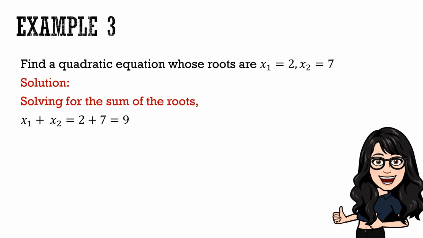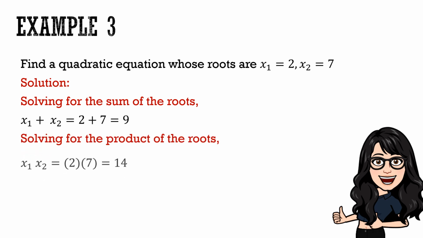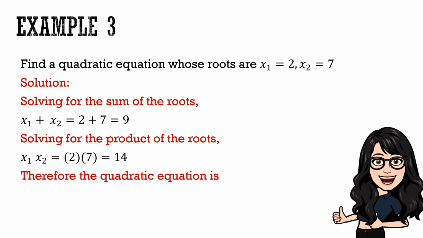Just simply substitute the given values. Solving for the product of the roots, x sub 1 times x sub 2 is equal to 2 times 7 equals 14. Therefore, the quadratic equation is x squared minus 9x plus 14.